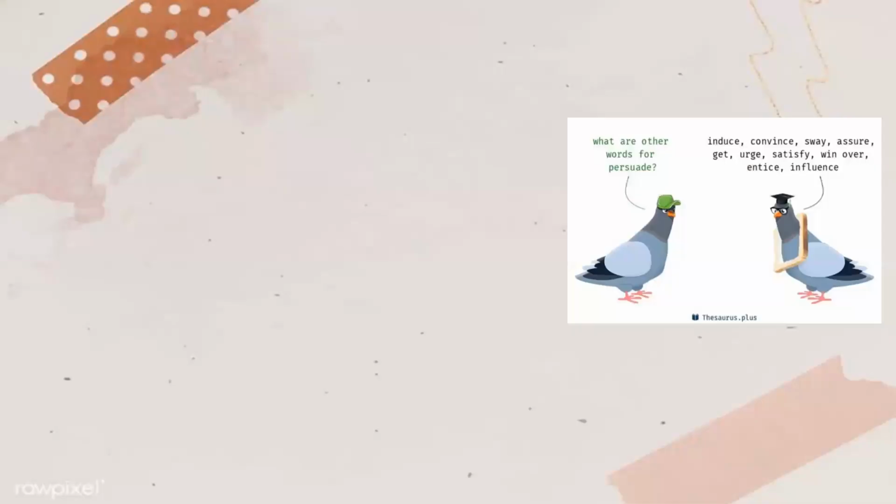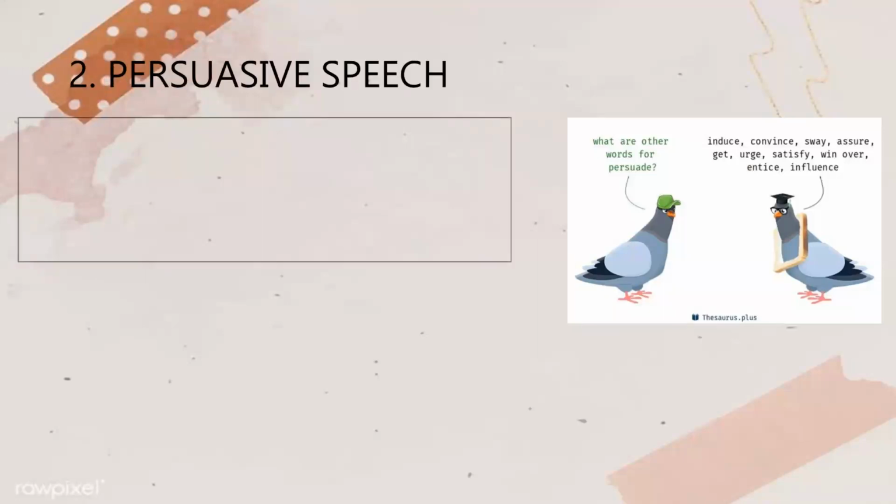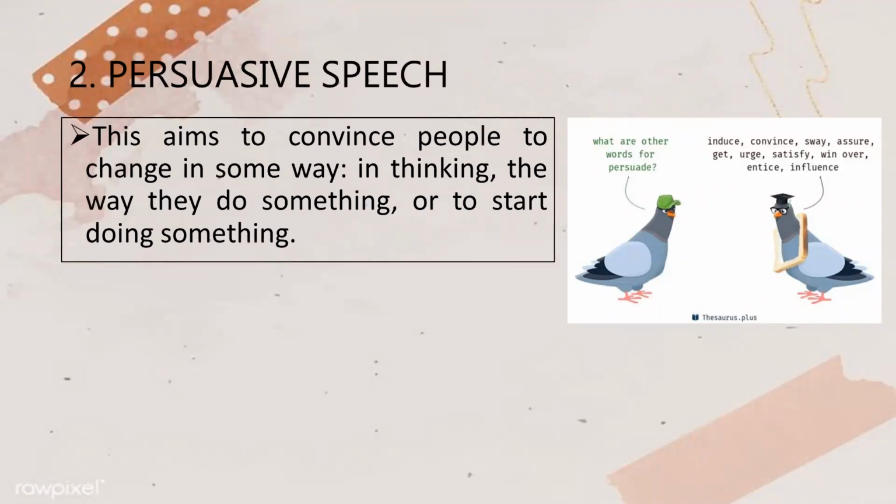So next, we have persuasive. Just be reminded, class, that persuasive means to convince you of, or to change your way of thinking, or the way you do something, or to start doing something.